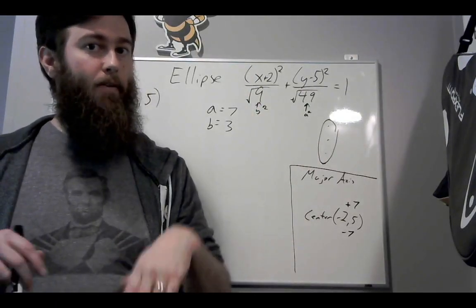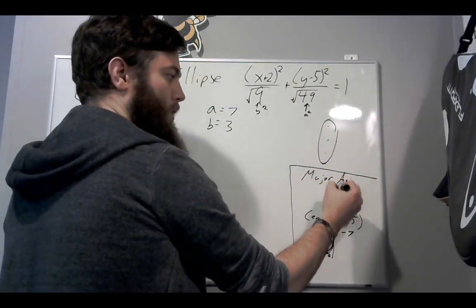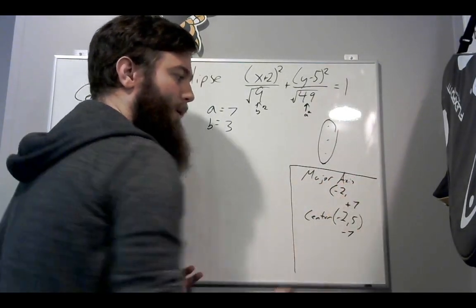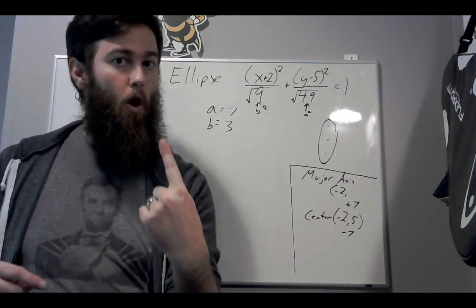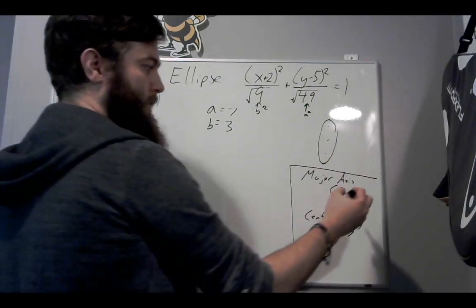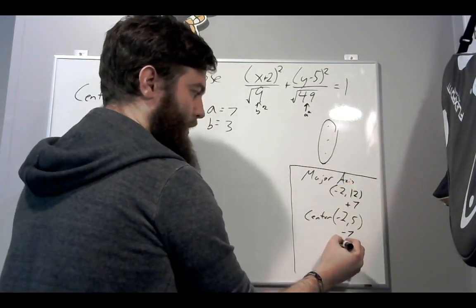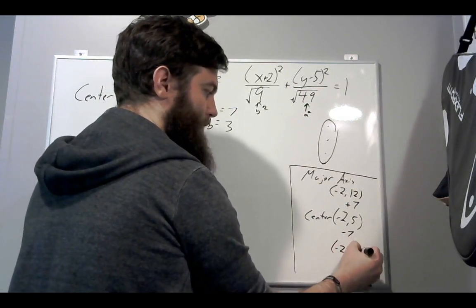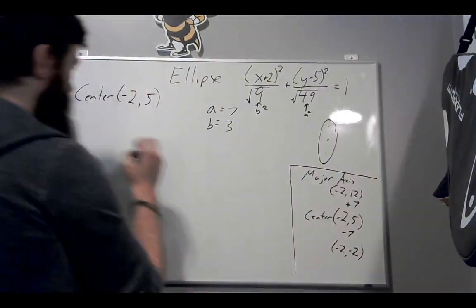So up and down is, again, something that's going to affect my y values. So my x values are not going to change because if you've seen in all of the previous examples, one of the two coordinates are always going to be identical. So this is going to be negative 2 and 12. And down here, we will have negative 2, negative 2. So I have two major axis endpoints.